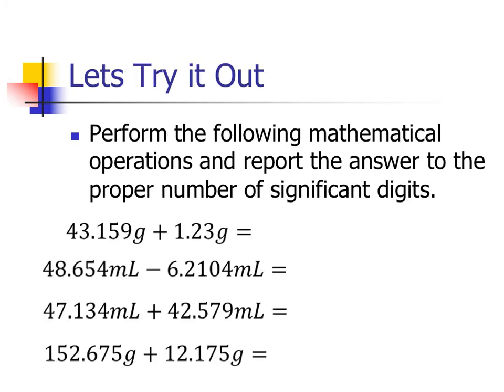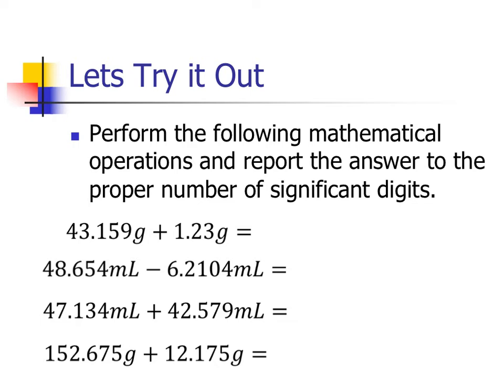So, let's do some examples. Let's try it out. In the first one, we are doing an addition problem. In this addition problem, we can use our calculators. So let's perform the following, making sure, again, we identify what we're doing. So we can take 43.159 plus 1.23.